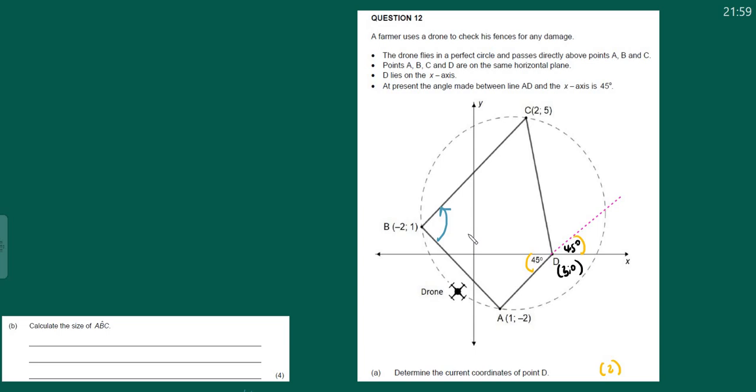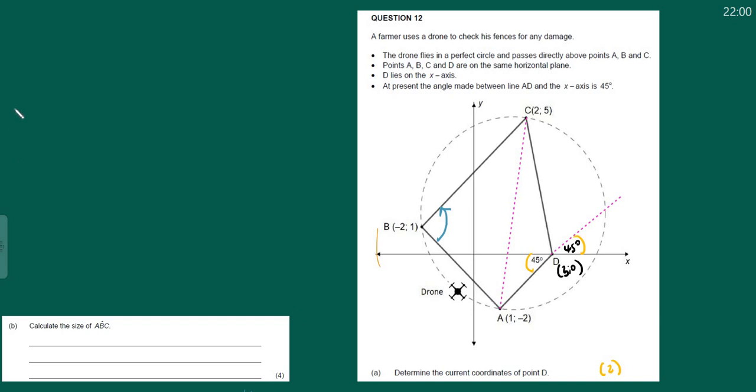You can use many methods to get ABC. One method would be to use the cosine rule, meaning you can find the length of AC, then the length of BC, then the length of AB, then you use the cosine rule to get angle B. That is one method that you can do.